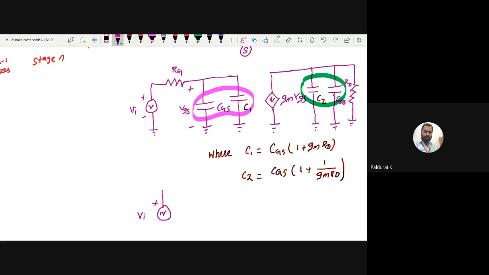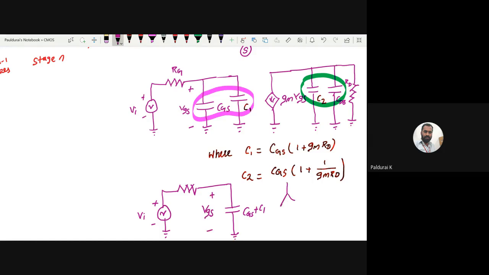Vi plus minus, only one capacitor at the input side. This one I call CGS plus C1, where you know the formula for C1.